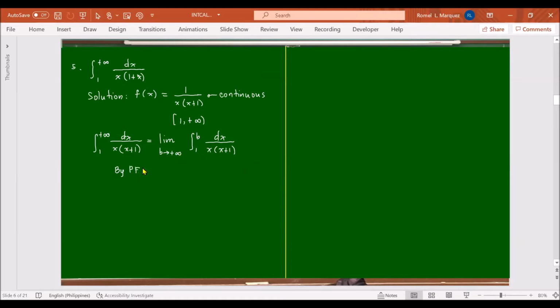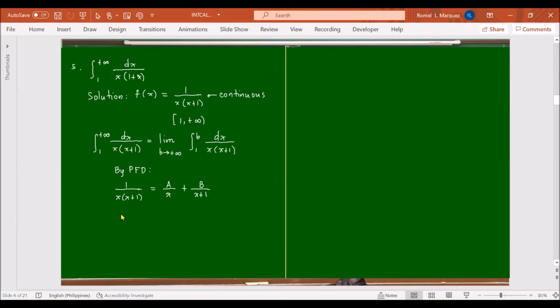By partial fraction decomposition, we have 1 over x times x plus 1 equal to a over the first factor in the denominator, x, plus b over the second factor, which is also linear, x plus 1. This is under case 1 in the partial fraction decomposition.